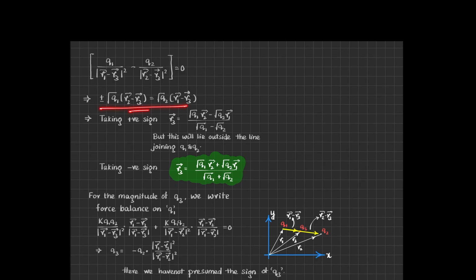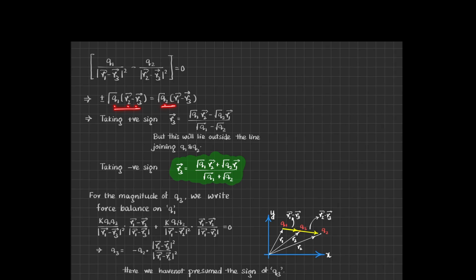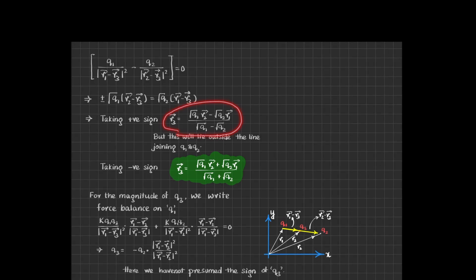That's what we have written here after doing cross multiplication. If we solve it, root q1 into (r2 minus r3) and root q2 into (r1 minus r3), taking the positive sign we get this much value, and taking the negative sign we get this much value.